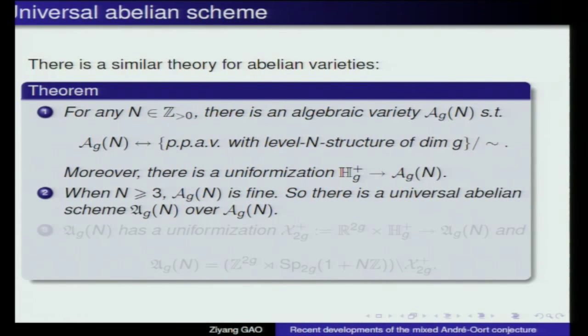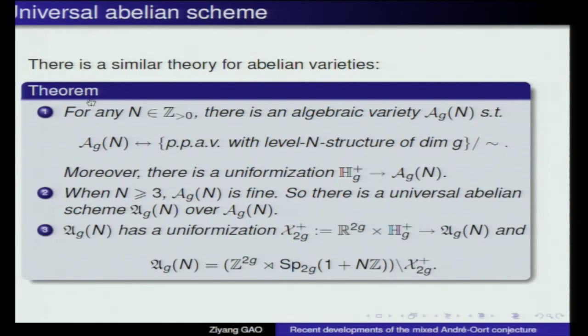So there is a universal abelian scheme. I call this curly A_{g,n} over A_{g,n}. There's a universal abelian scheme, and this universal abelian scheme also admits a uniformization similar to the elliptic curve case.